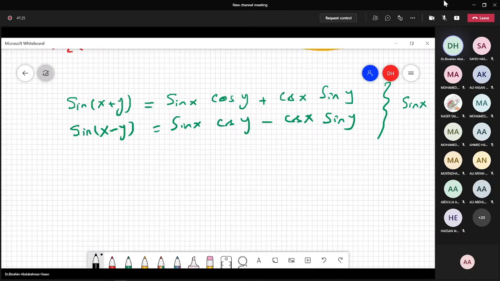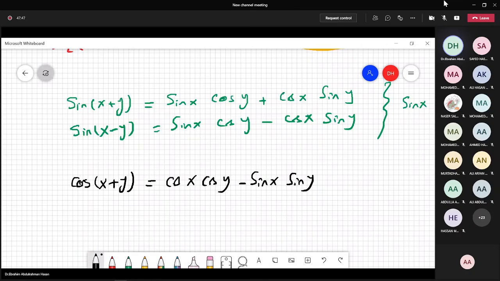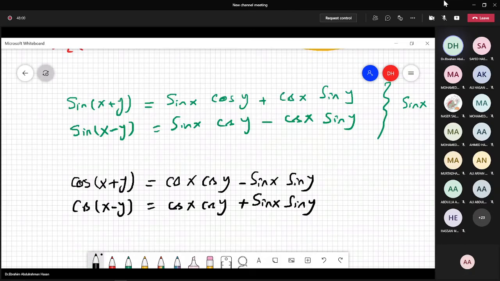What about cosine? Cosine x plus y equals what? Do you remember? Cosine x cosine y minus sine x sine y. Similarly, cosine x minus y is equal to cosine x cosine y plus sine x sine y.